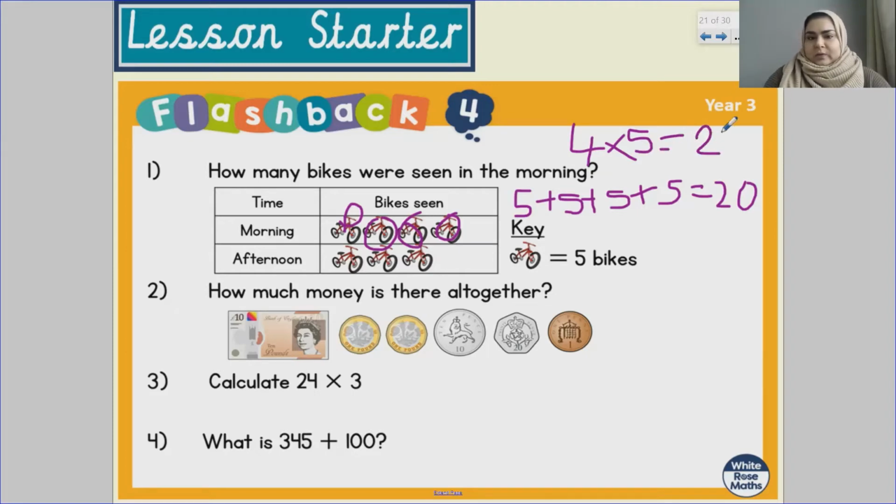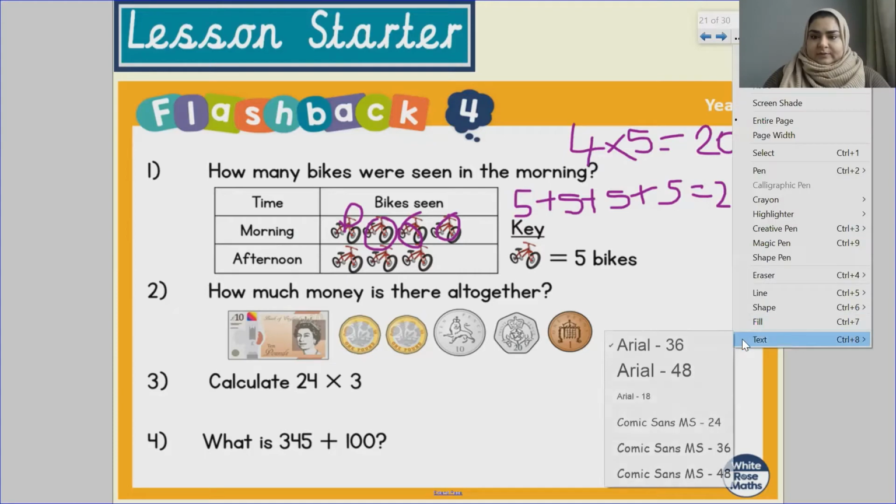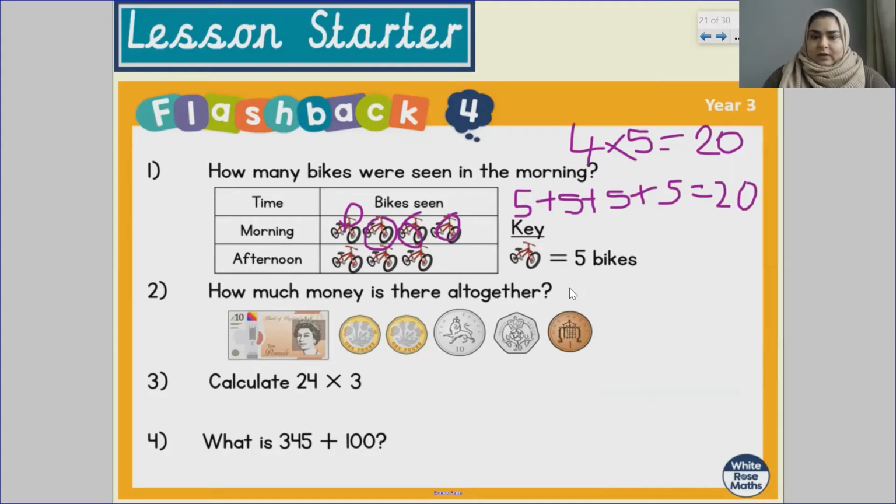Okay, now for question number 2, it says how much money is there altogether? So you have £10, add £1, add £1, add 10p, add 20p, add 1p.